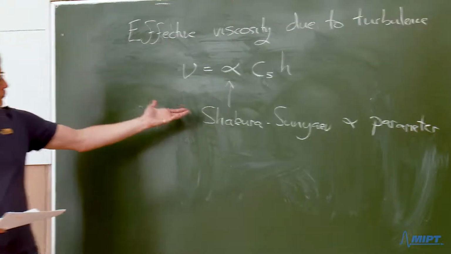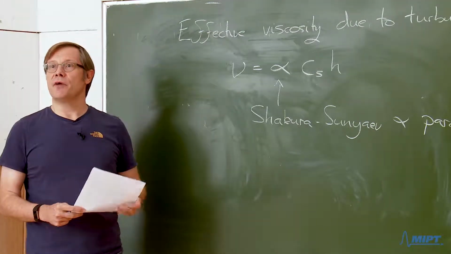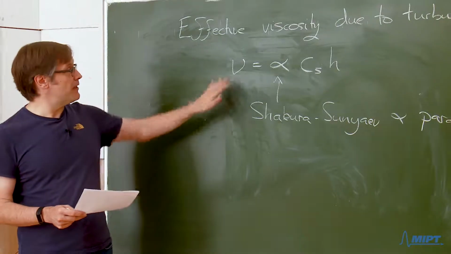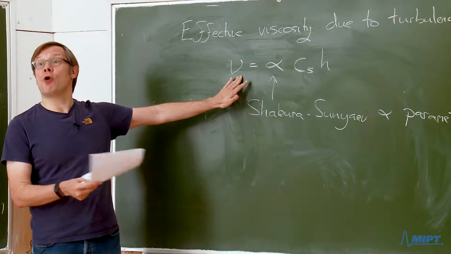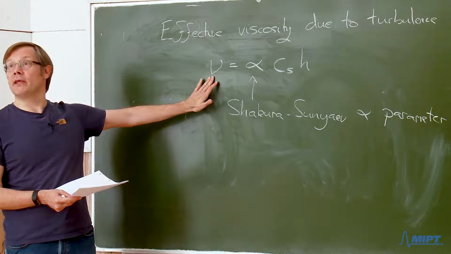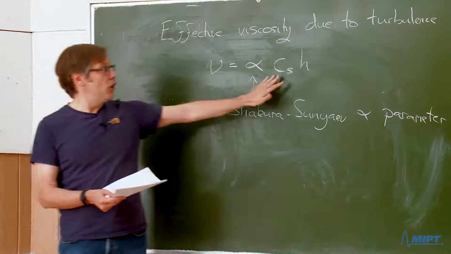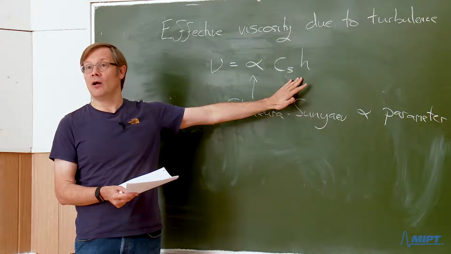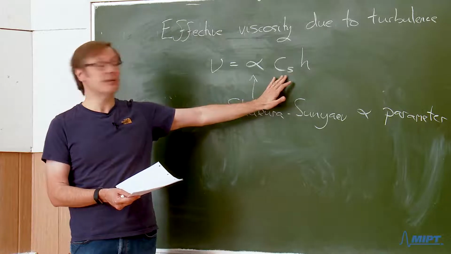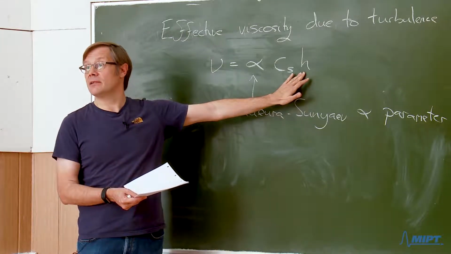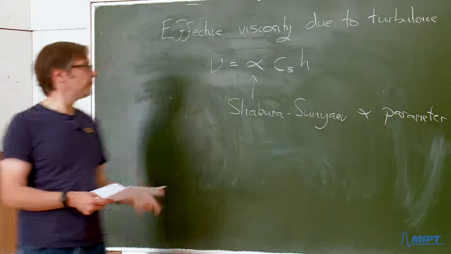And so you can sort of motivate this in various ways based on considerations of turbulence, but for our purposes, we can maybe just think of this as a reparameterization of the viscosity in terms of local properties of the protoplanetary disk. Its temperature, therefore equivalently its sound speed at some distance, and its thickness. Okay.